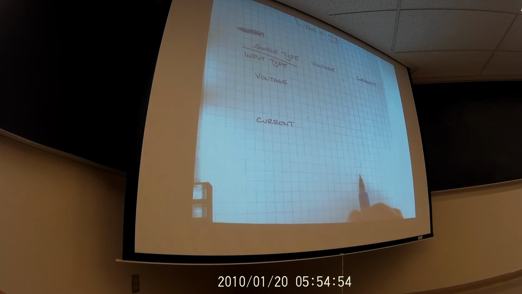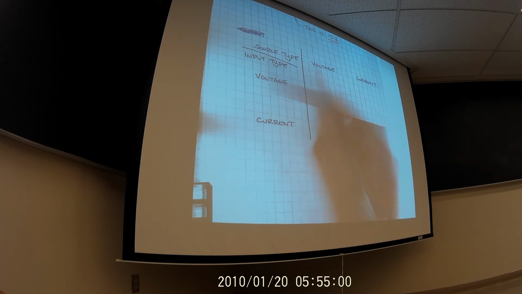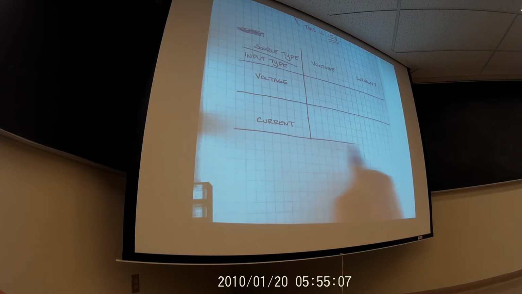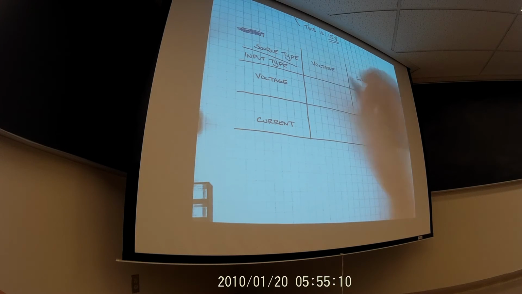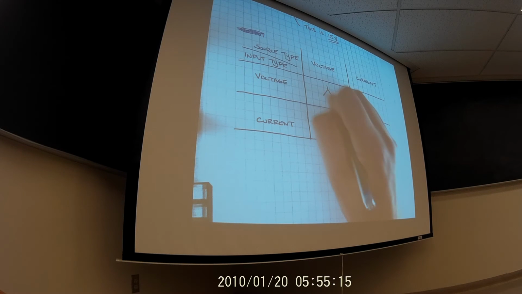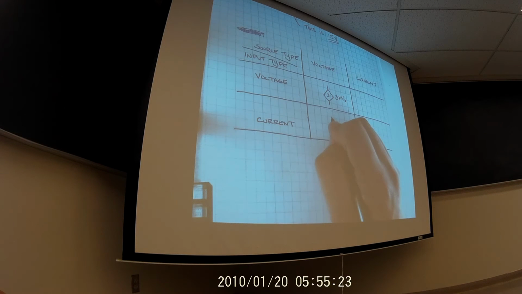Okay, there are voltage-dependent voltage sources, voltage-dependent current sources, and then the opposite: current-dependent current sources and current-dependent voltage sources. So you could have something that looks like this, and it could be 3 times Vx. You could have something that looks like this, and it could be 3 times Ix.